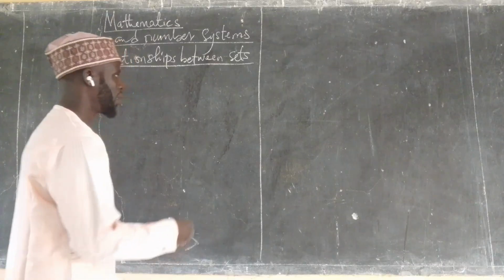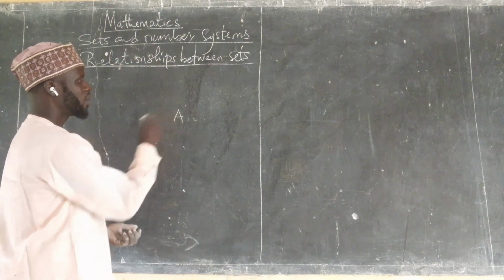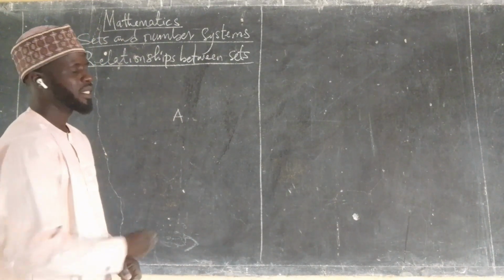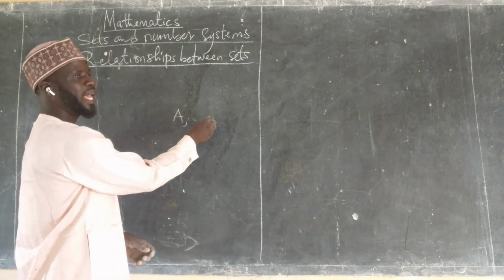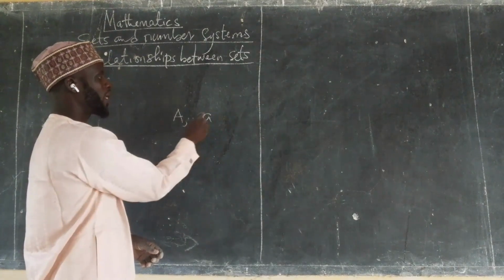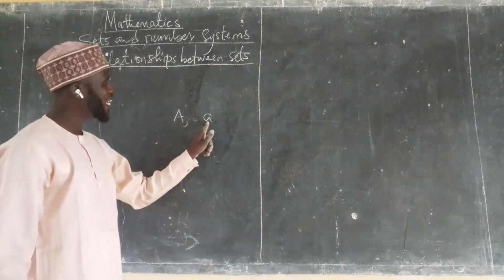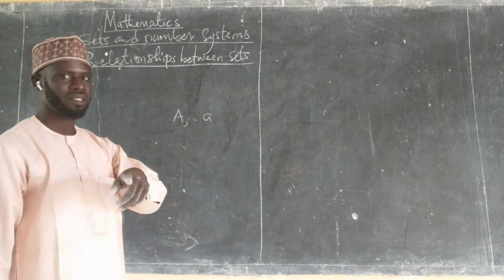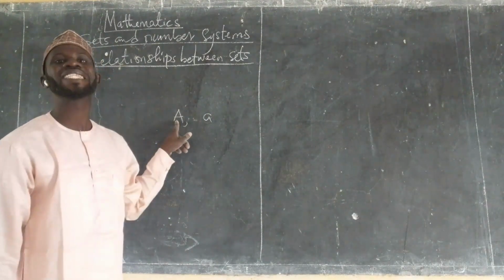A set is always denoted by a capital letter, while its elements are denoted in lower case. For example, we say let A be a set, and an element a of A, meaning a is an element of some set.